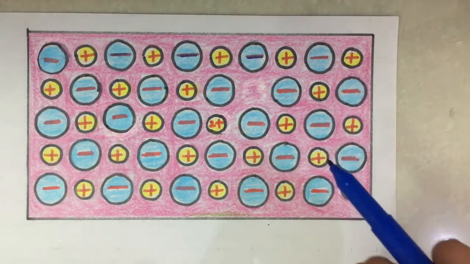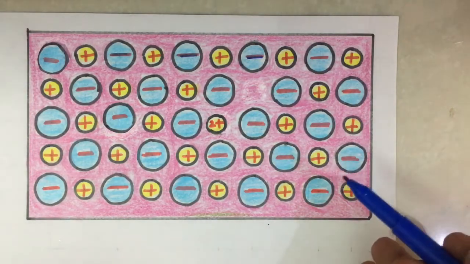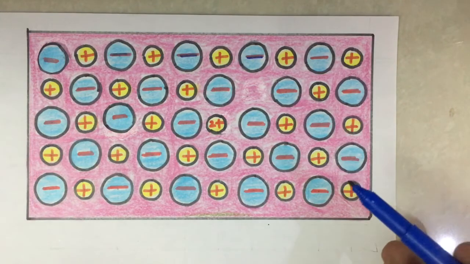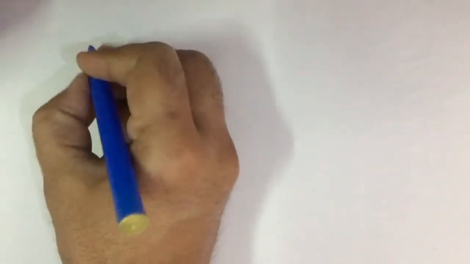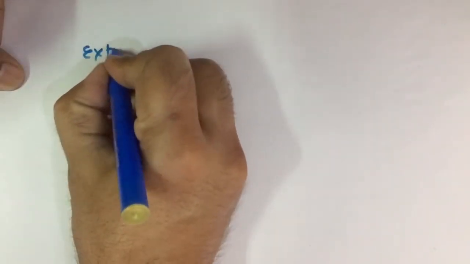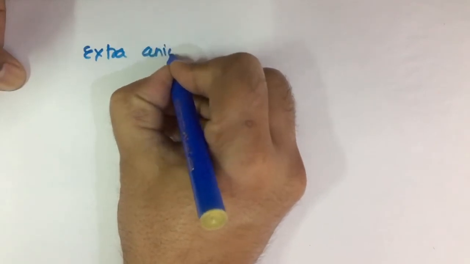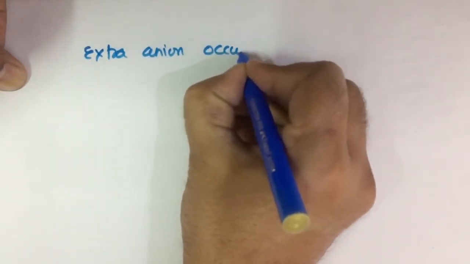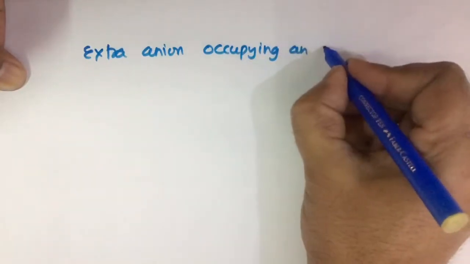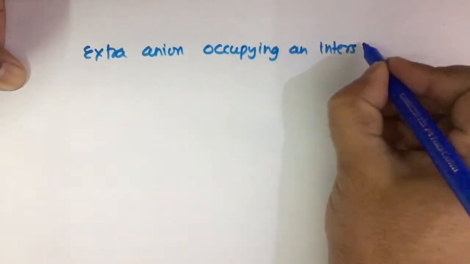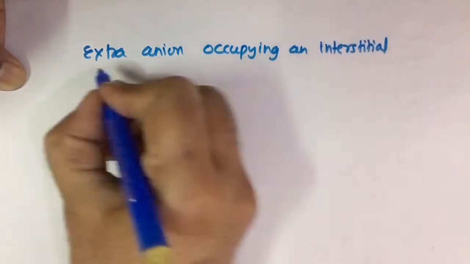Now this type of defect is shown by transition metal ions, which show variable oxidation state. The other way by which the metal deficient defect can be incorporated in the crystal is by an extra anion occupying an interstitial site.